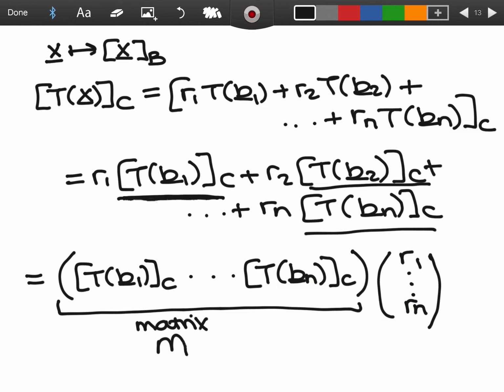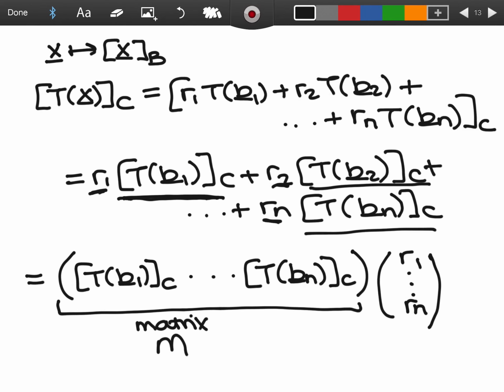Then I have multiplied that matrix by this column vector, R1 through Rn, which were my coefficients here. Remember, when you do matrix multiplication, you do row times column and take the dot product.